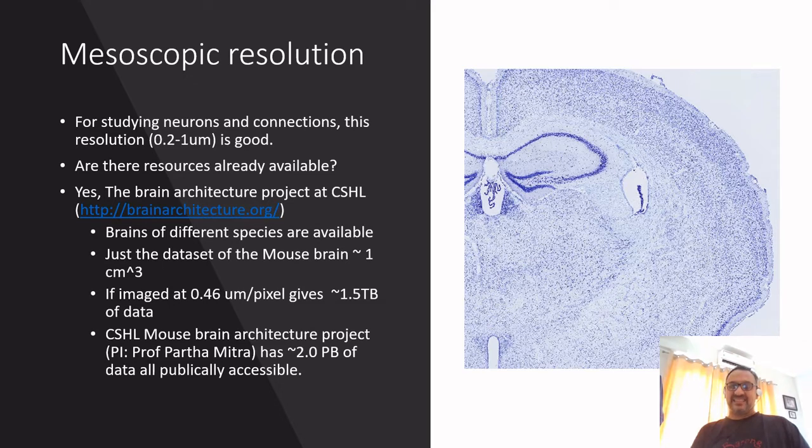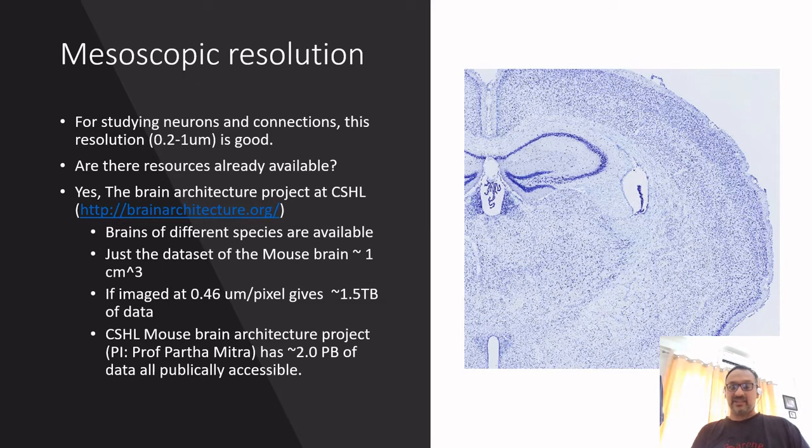To look at, let's say, the mouse brain, their scanner does it at about half a micron per pixel, and one mouse brain ends up with about 1.5 terabytes of data.